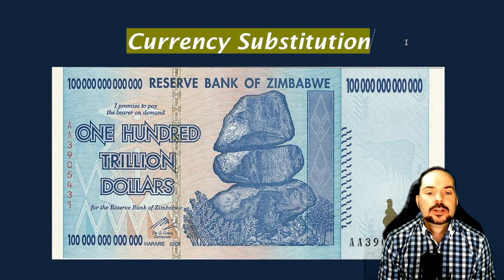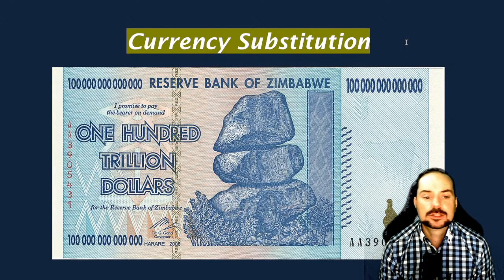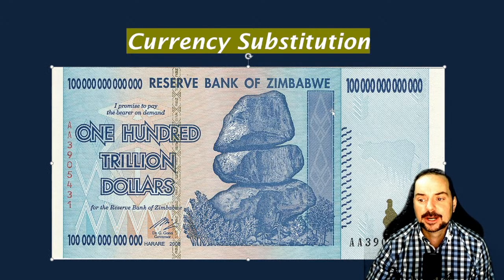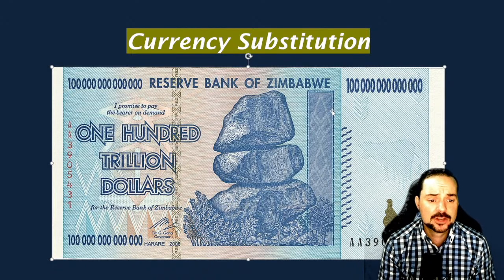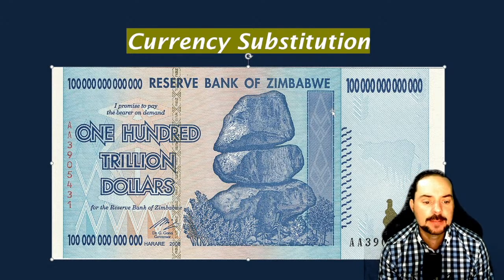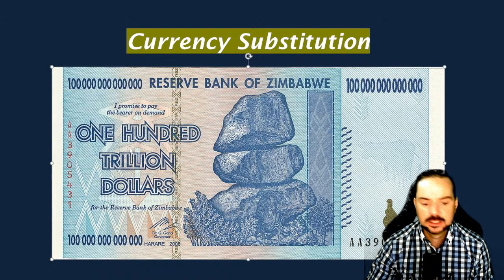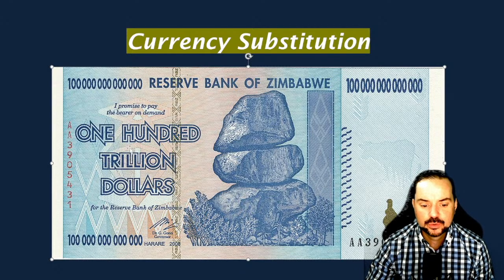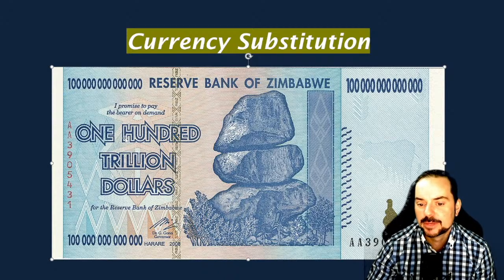Okay, so here the title is currency substitution, and then we have a picture here, and this picture is a banknote. It's the Reserve Bank of Zimbabwe, and it's 100 trillion. Oh boy. $100 trillion. Too bad it's not American money.